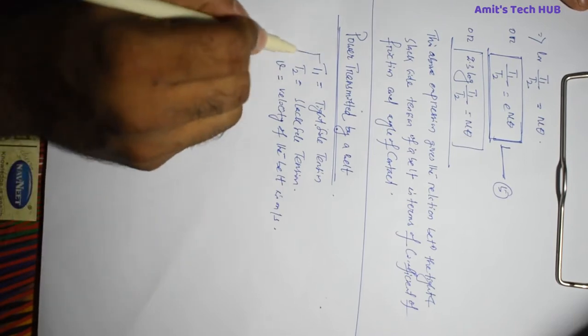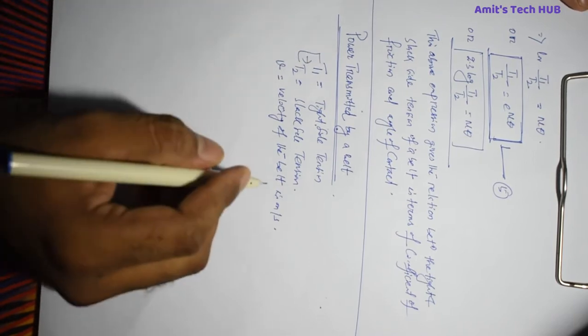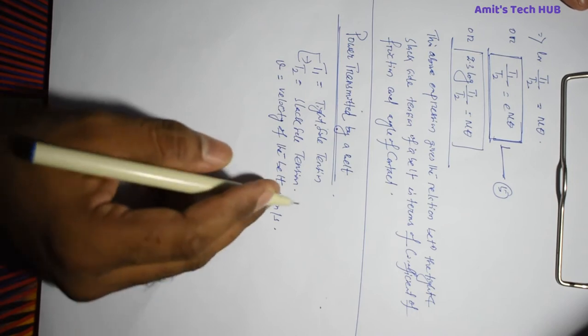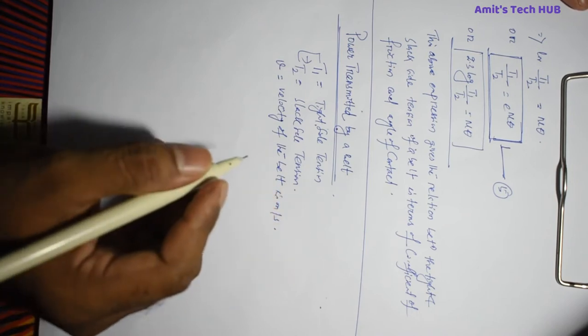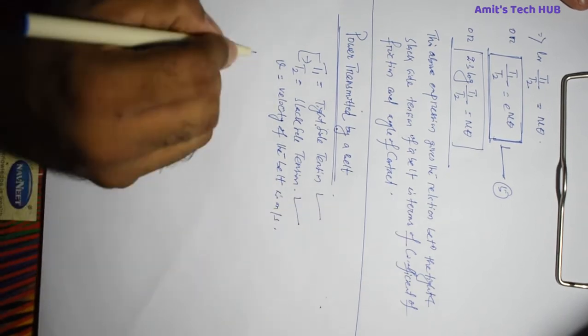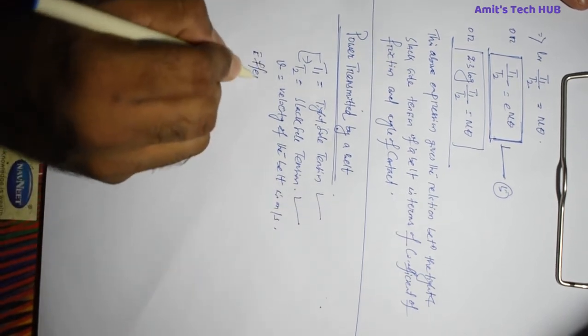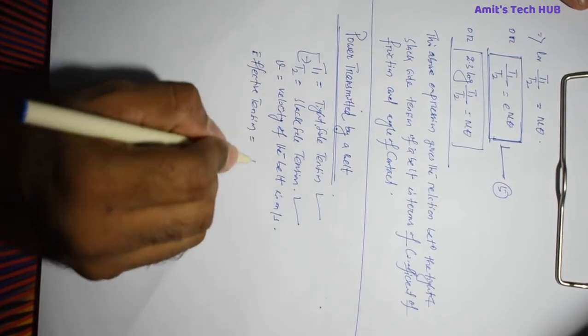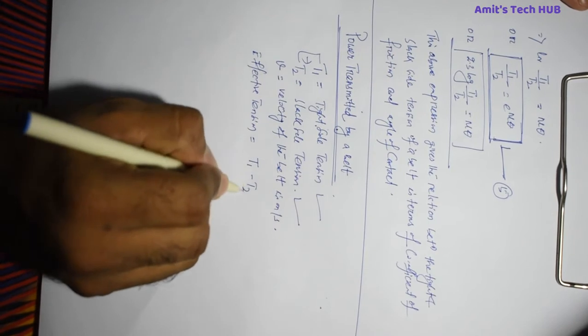So what is the effective tension, or you can say the driving force acting on the circumference of the pulley? If T1 is the maximum tension and T2 is the minimum tension, then the effective tension is equal to T1 minus T2.